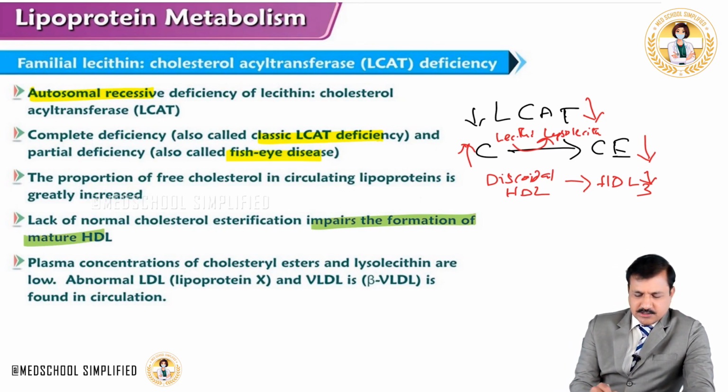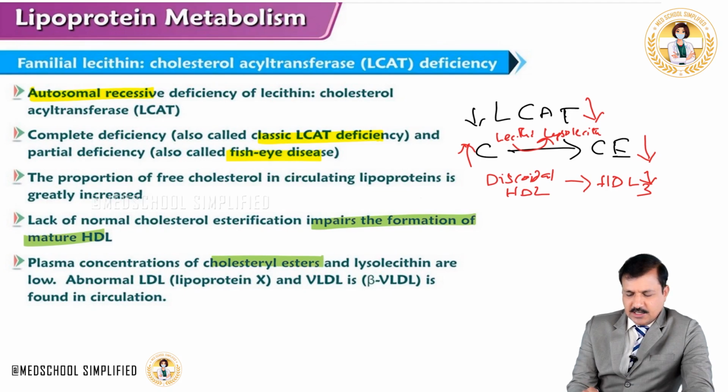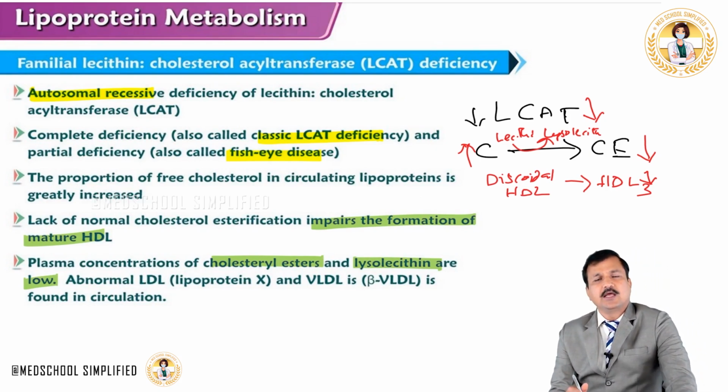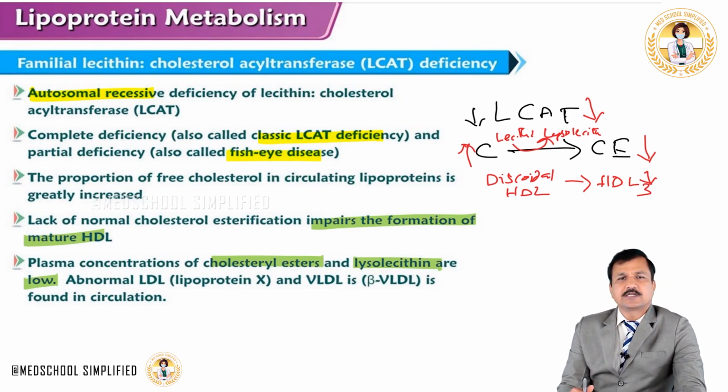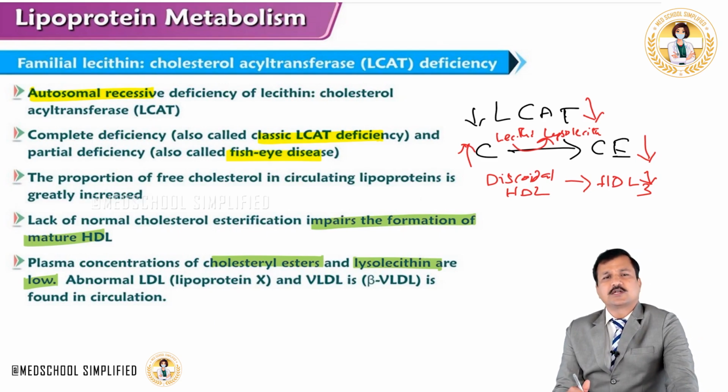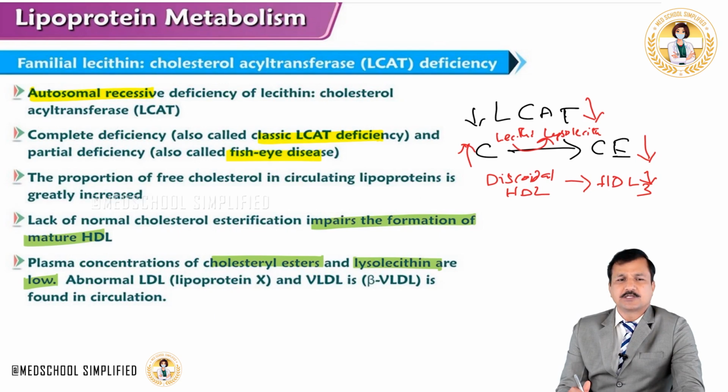Now the plasma concentration of cholesterol esters and lysolecithin are low because cholesterol ester formation needs LCAT activity, and lysolecithin formation needs LCAT activity. Both of them will be decreased, whereas free cholesterol will be elevated in the plasma.